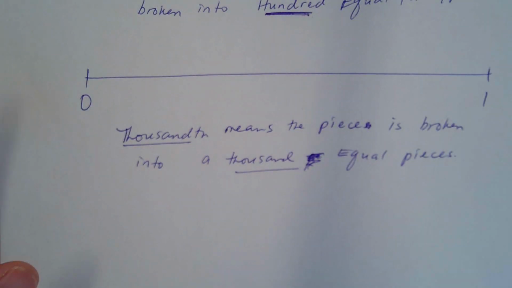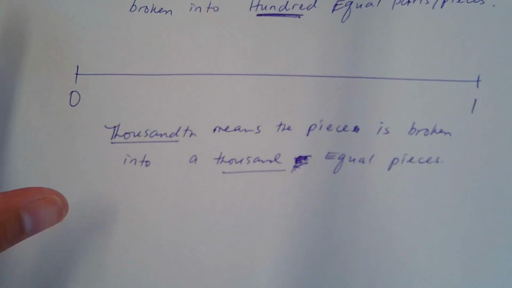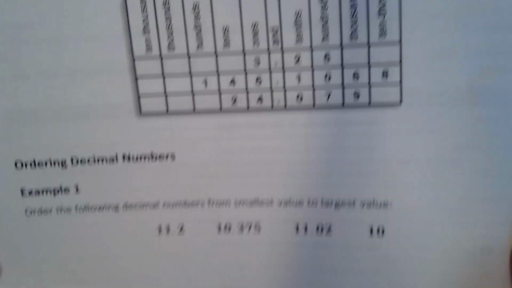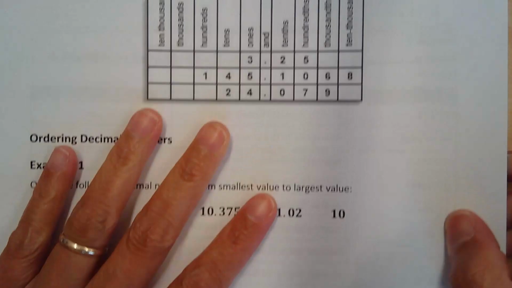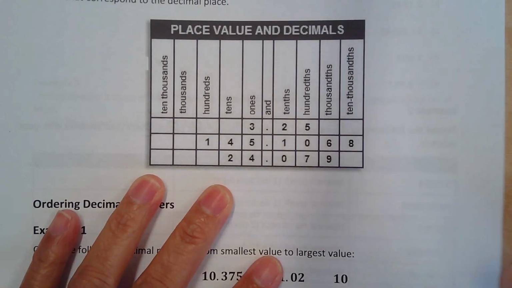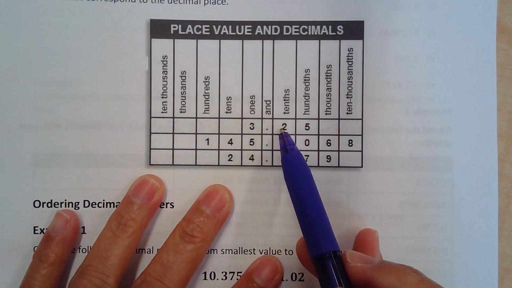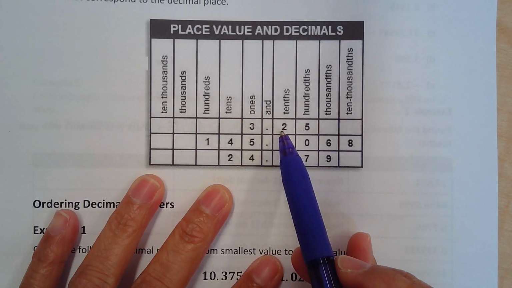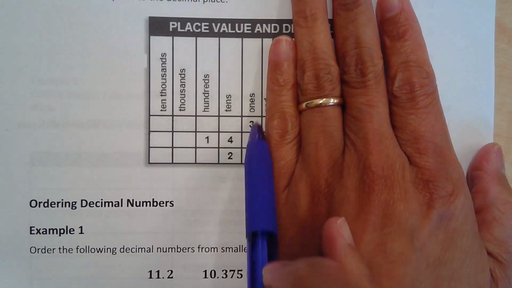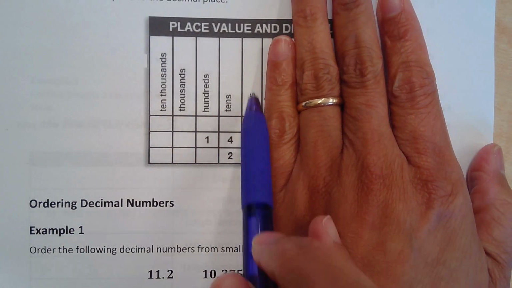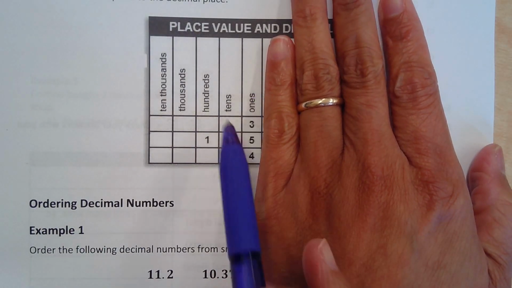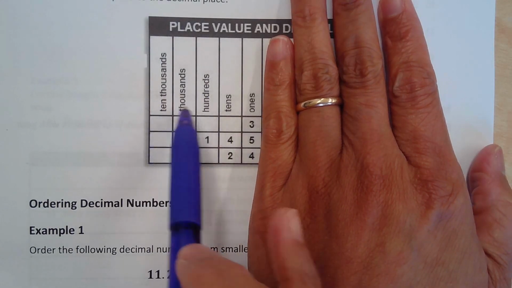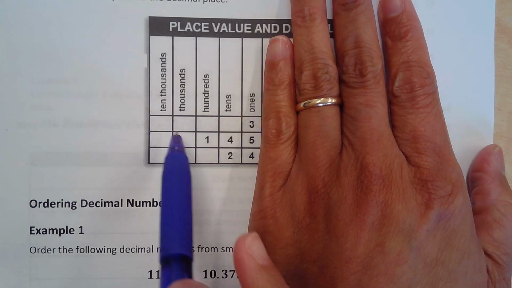Okay, so now that we know how to do that piece, let me move this away. So over here are ones, tens, hundreds, thousands. We know how to do those ones, right?